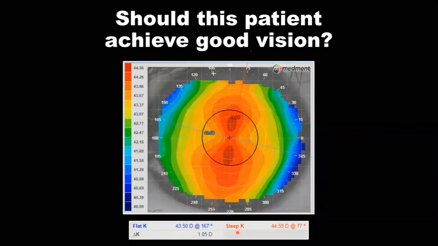The question is, should this patient achieve good vision with contact lenses or spectacle? Yes, sir, he can achieve it because the astigmatism is not more. Anything else except astigmatism? So flat K and steep K values are not more than 1.5 diopter.